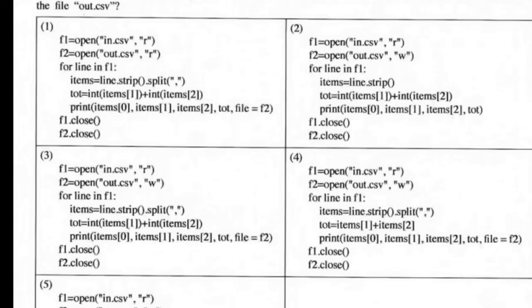But in the third one, items is an array. Now we have 2 commas, means 3 separate items, right? Third one is correct. Up to now, let's read other parts. Then summation of the items 1 and 2, items 0, 1, 2, and total written into F2. Okay.